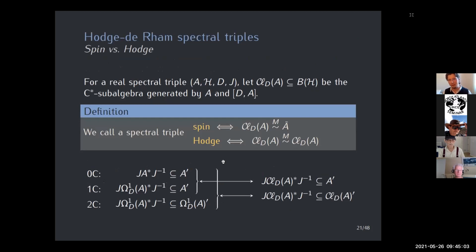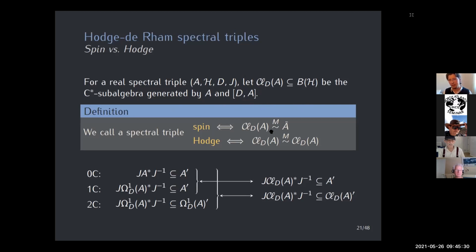But before we even get to Hodge spectral triples, I want to talk about these two conditions, spin and Hodge. So what are they? First, I want to define this non-commutative Clifford algebra, the Clifford algebra coming from the Dirac calculus, as being the C-star subalgebra of B of H generated by the algebra, here this is just the star algebra A, and one forms, basically.